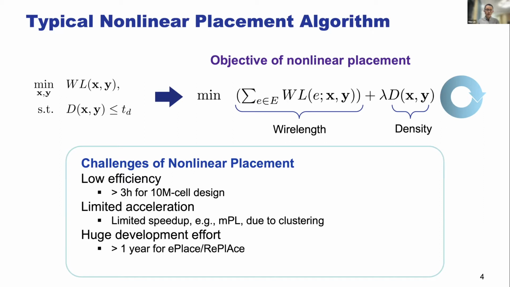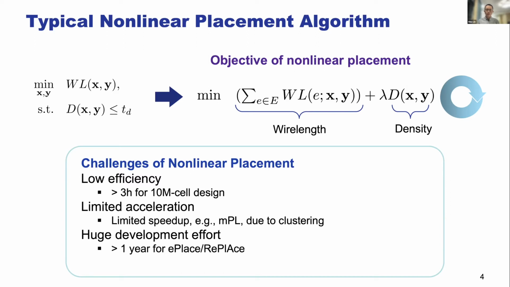Although there are some attempts to accelerate the placement engine, they either suffer from quality degradation or limited speed up. Moreover, it usually requires huge development effort for a placer like ePlace or RePlace. For example, it may take more than 1 year to finish the coding.